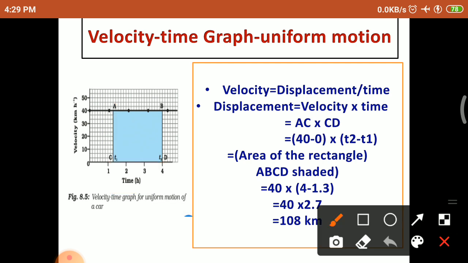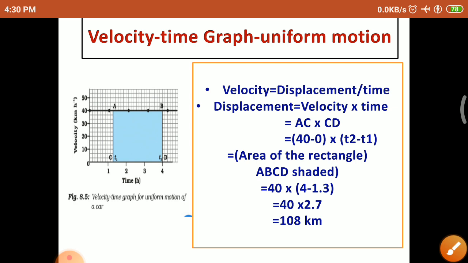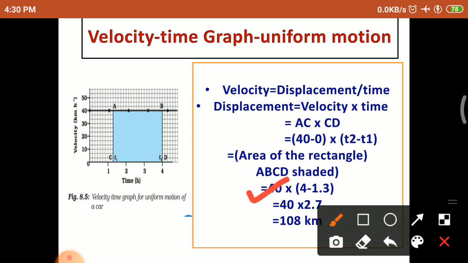Final value 40, initial value 0, so 40 minus 0. Here 4 minus 1.3. So 40 minus 0 is 40, and 4 minus 1.3 is 2.7.